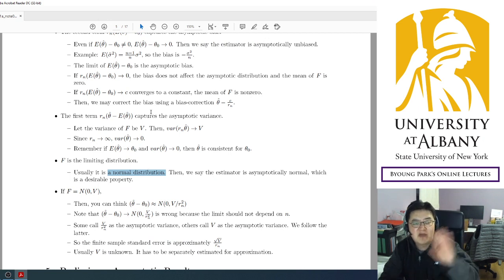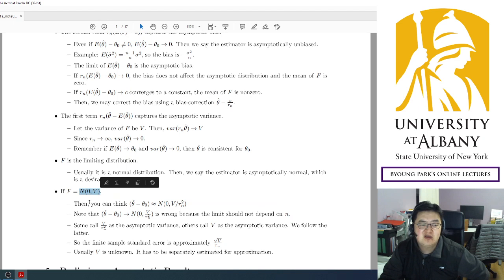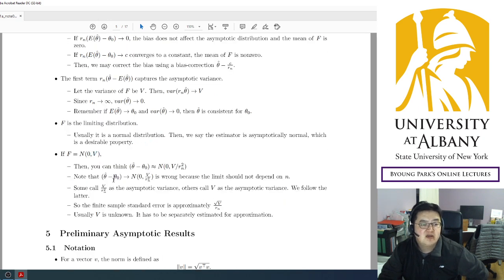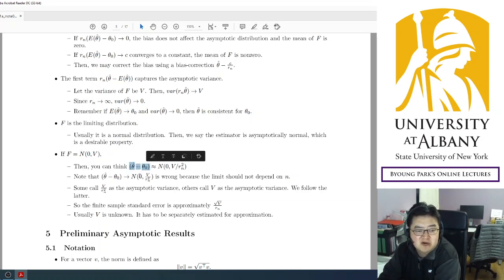So then, in sum, your limiting distribution is usually like this: a normal distribution with mean zero, which means your estimator is asymptotically unbiased, and the variance is V, which is the limit of this variance.